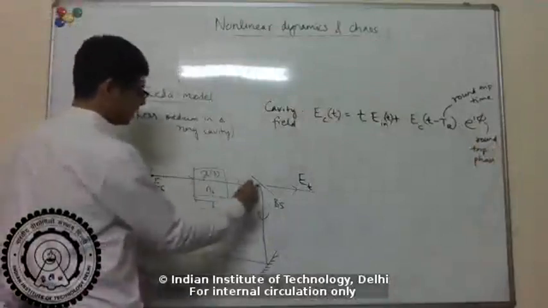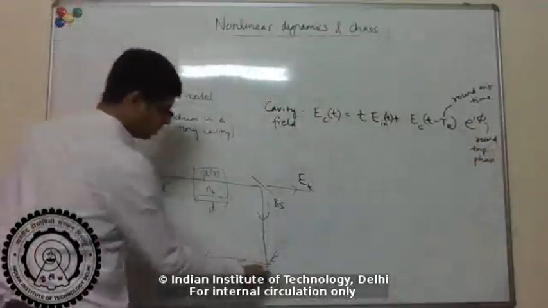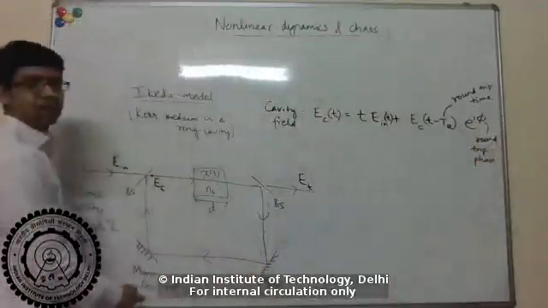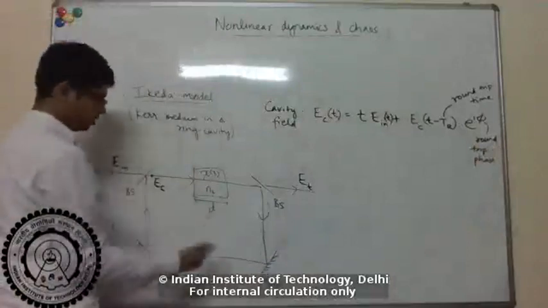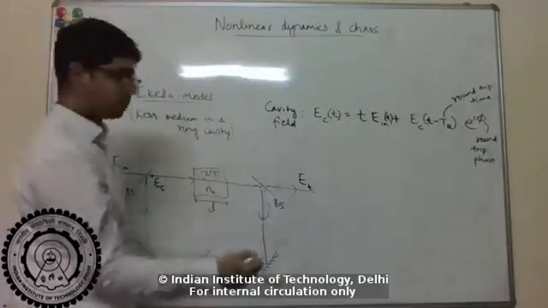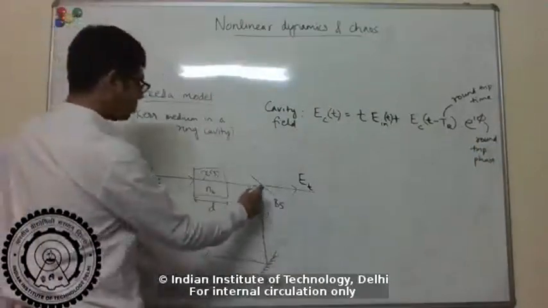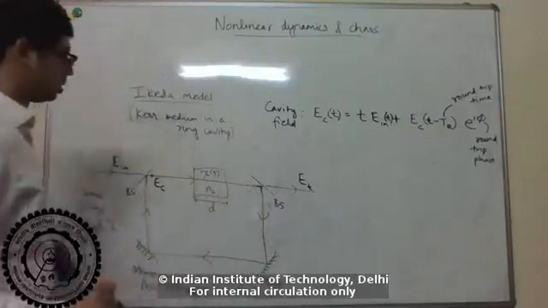Starting here, there are 1, 2, 3, 4 reflections. But two of them are from these mirrors which have 100% reflectivity, so that doesn't do anything. It just reflects the whole field, so you just multiply by 1. So you just have to take into account the two reflections at the two beam splitters.